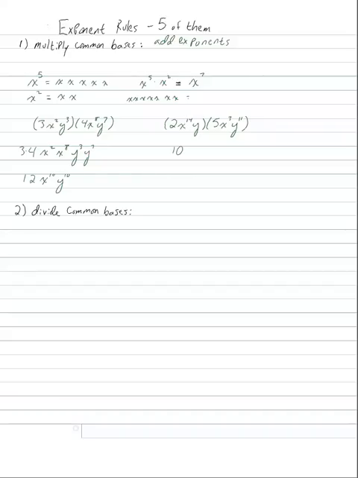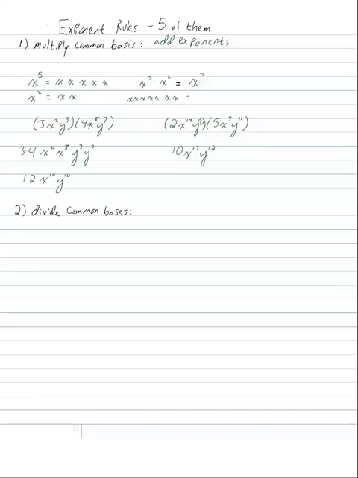X to the 14 and x cubed, I add the exponents and get x to the 17. Y, I don't see an exponent there. Where I don't see an exponent, I'm always going to put in 1. If x squared gives me 2 x's, just having a single x would be x to the 1. So that's just y to the 1. So y to the 1 times y to the 11 gives me y to the 12.